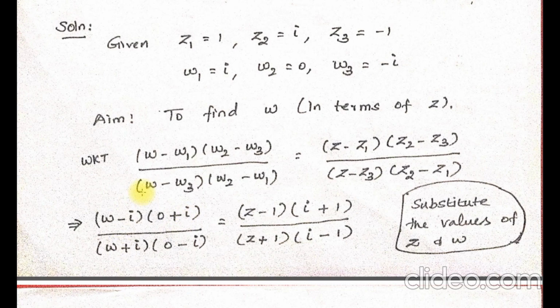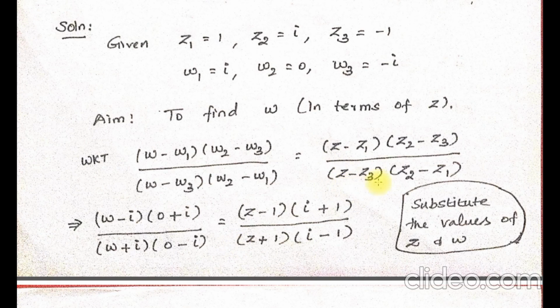Similarly, w minus w3 is w plus i, then w2 minus w1 is 0 minus i, equals z minus z1, that is z minus 1, into z2 minus z3, that is i minus of minus 1, so i plus 1, by z minus z3.